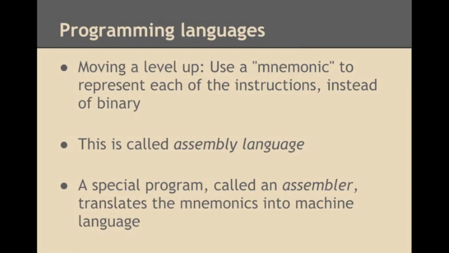And that takes those mnemonics and translates them into machine language. So that gets a little circular, doesn't it? We have to write a program called an assembler that takes in other programs in assembly language and translates them into machine language. So the first assembler had to be written in machine language.